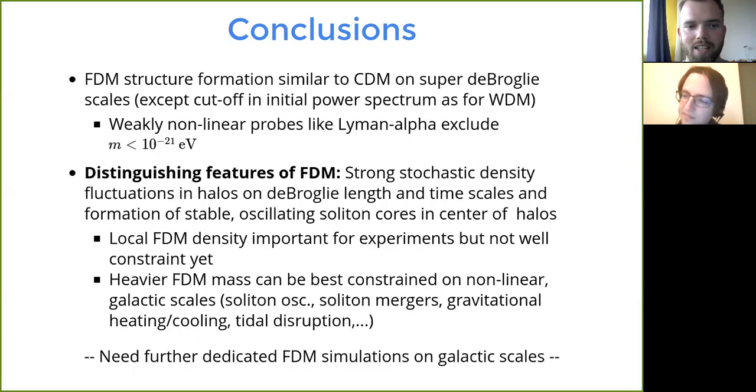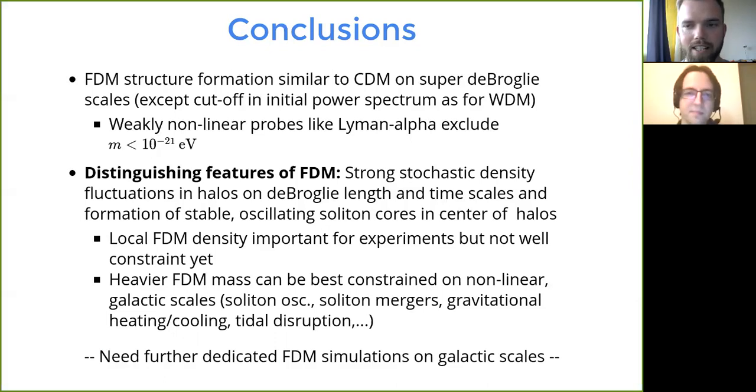And here really the distinguishing features for these fuzzy dark matter masses are the strong stochastic density fluctuations in halos and filaments on the de Broglie length and time scales, and the formation of stable oscillating solitonic cores that don't have any analog in cold dark matter or warm dark matter scenarios.